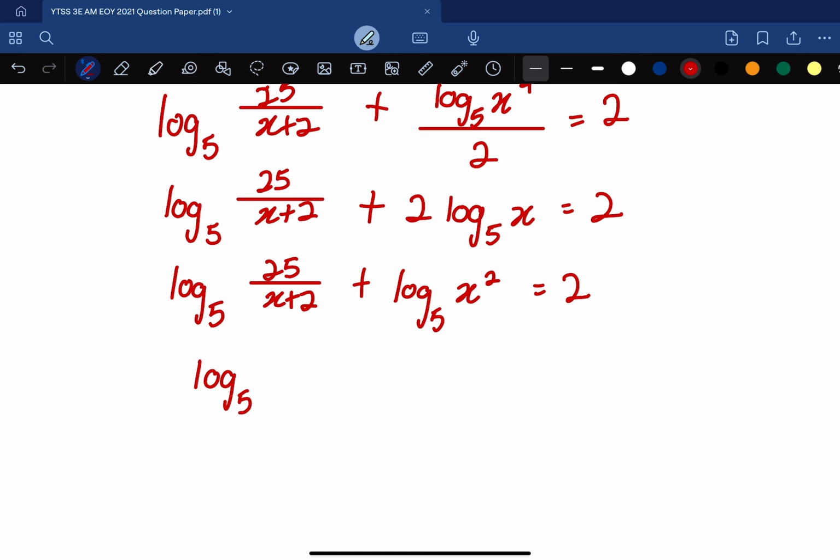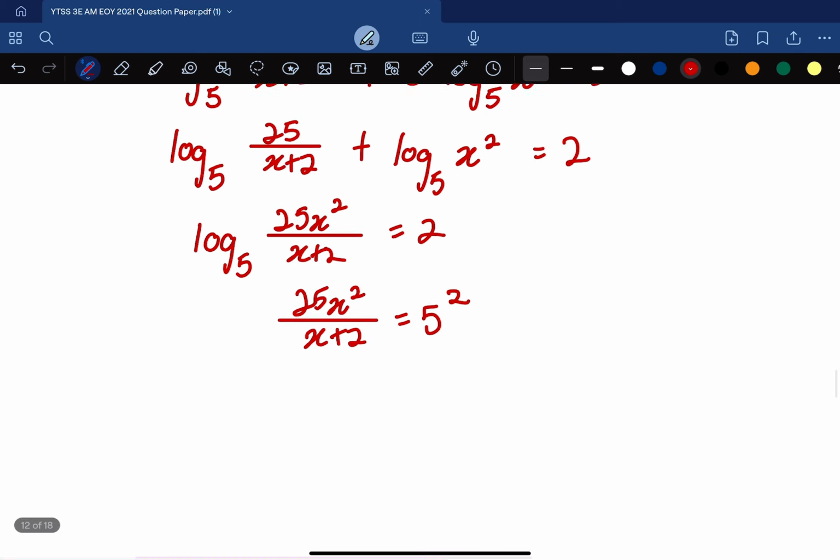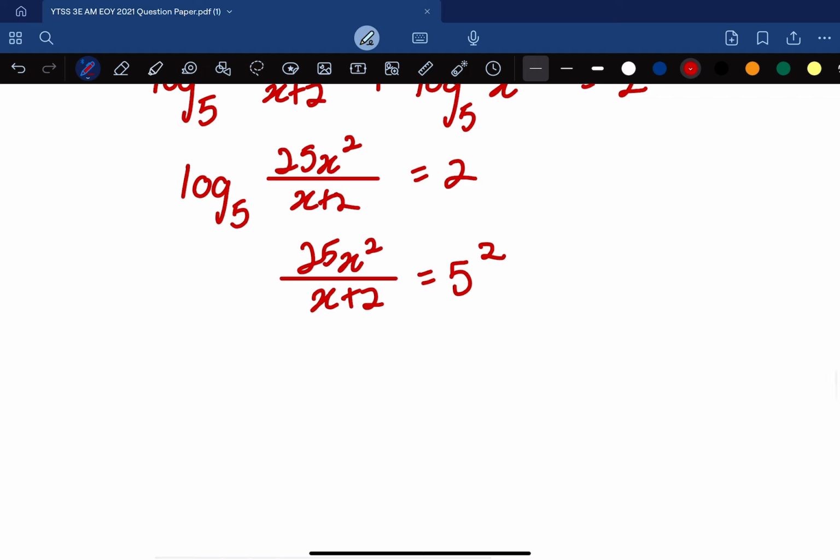Log base 5 25x squared over x plus 2 is equal to 2. Okay, so therefore if I convert this to exponential form, 25x squared over x plus 2 is equal to 5 power 2. Okay, so by further simplification, since 5 squared is 25, I'll get 25x squared equals to 25x plus 50.